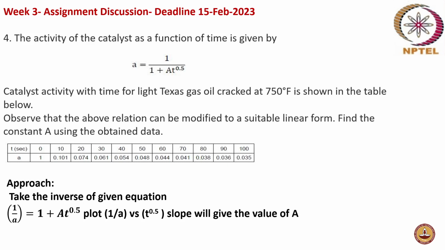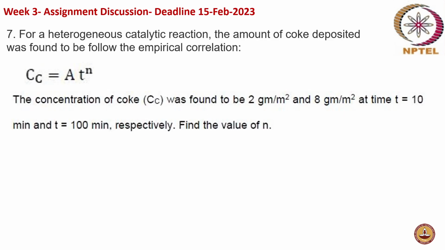This is how you have to solve this question. Once you get the slope, you will get the answer. Now you got how to do this problem, right? Yes. Okay, good.